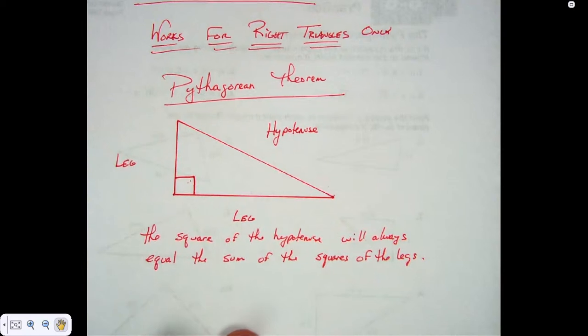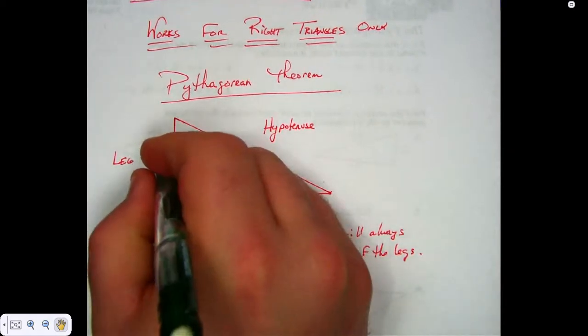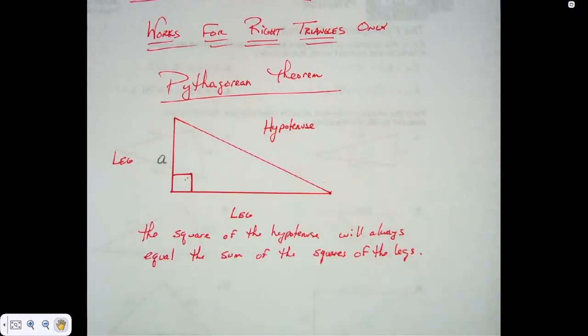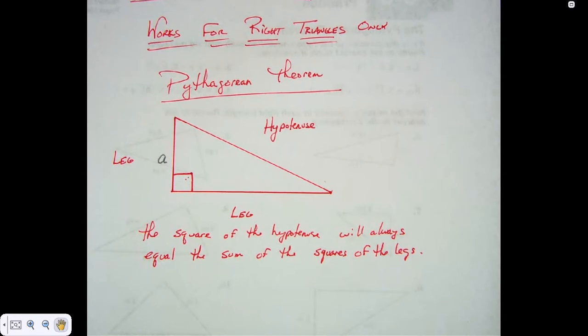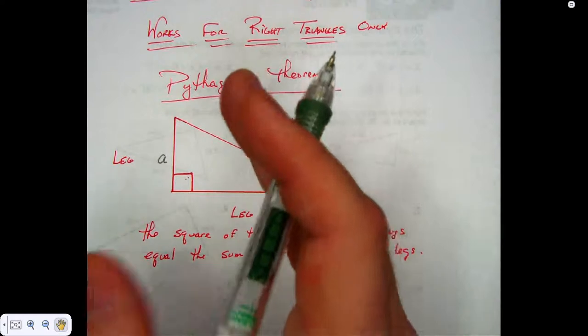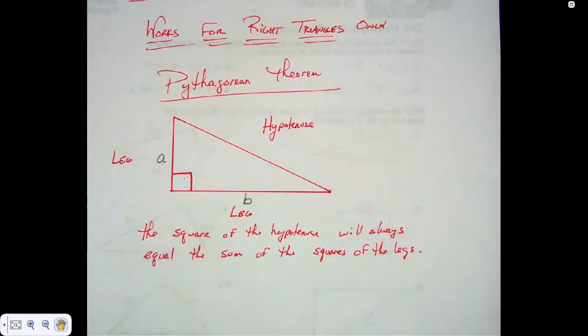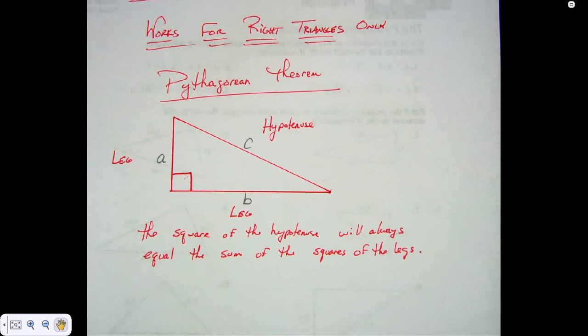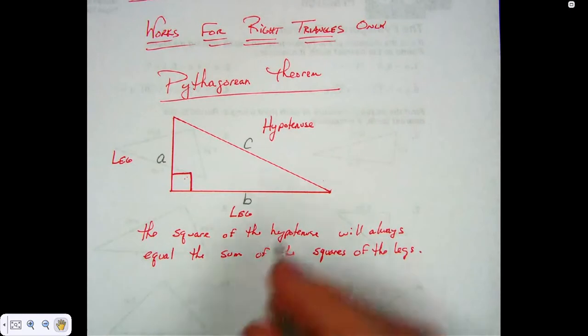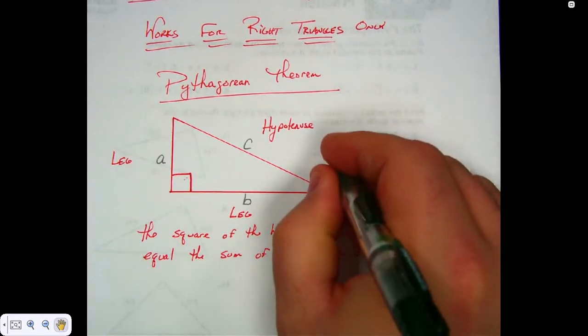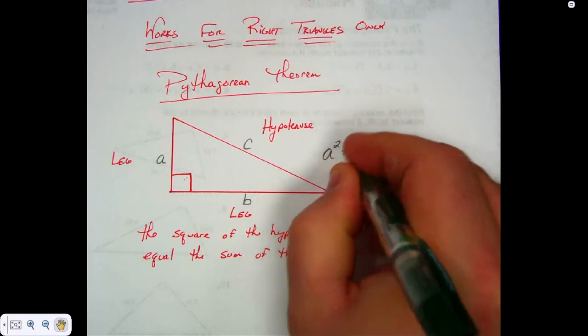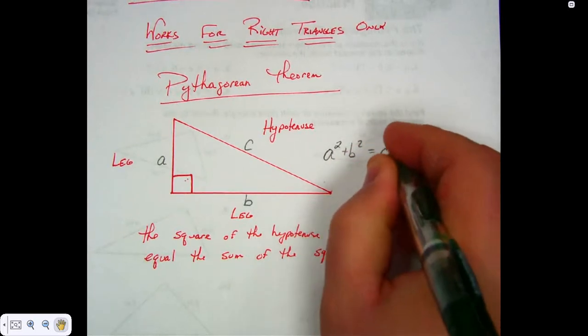Those of you that have seen this, how you see this is probably how you used to see this. They call one leg A, and it doesn't matter which leg you call A, just as long as it's a leg. This one could be B, this one could be A, or you call the other one B. That's just how they label it. The hypotenuse, though, is always labeled with C. And the Pythagorean theorem based on this: a squared plus b squared will equal c squared.